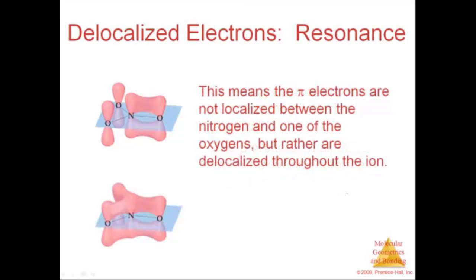So the pi electrons are not localized between the nitrogen and one of the oxygens, but they're delocalized all the way around. You can consider them to be moving, right? So I have this whole plane above the nitrogen and oxygens, and another plane below where the electrons are delocalized.